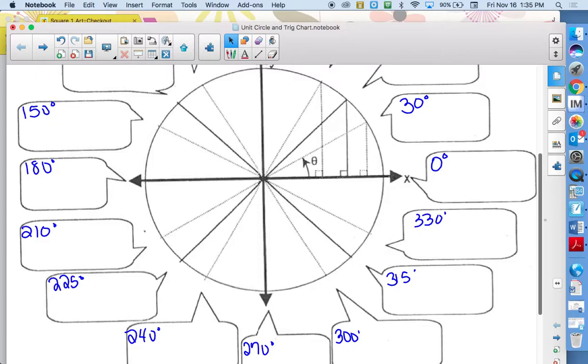So, do the angles need to be memorized? No. If you remember 30, 15, 15, 30, then you should be able to create all those angles. So you need to remember the pattern: 30, 15, 15, 30.